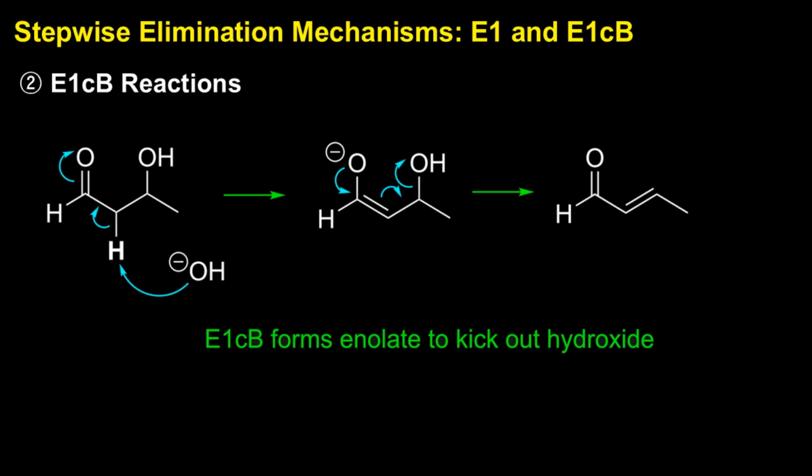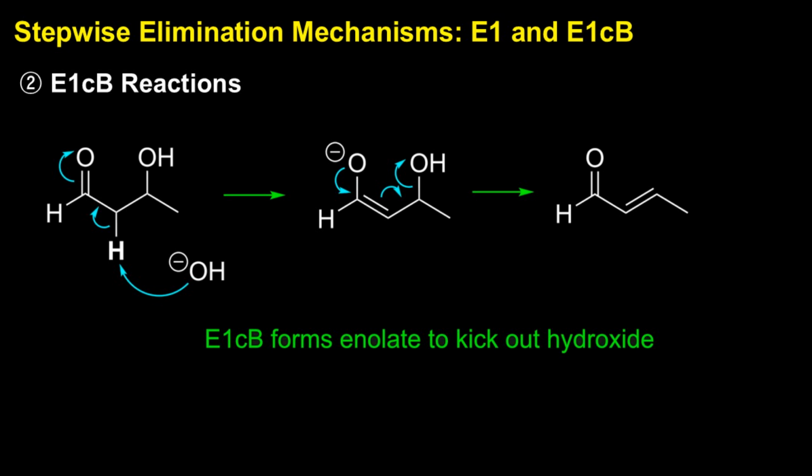Then, the electrons from that enolate shift in to form a double bond, and the OH group gets kicked out. This is a textbook example of E1cB elimination, and it's exactly how we make conjugated enones and enols in organic synthesis.